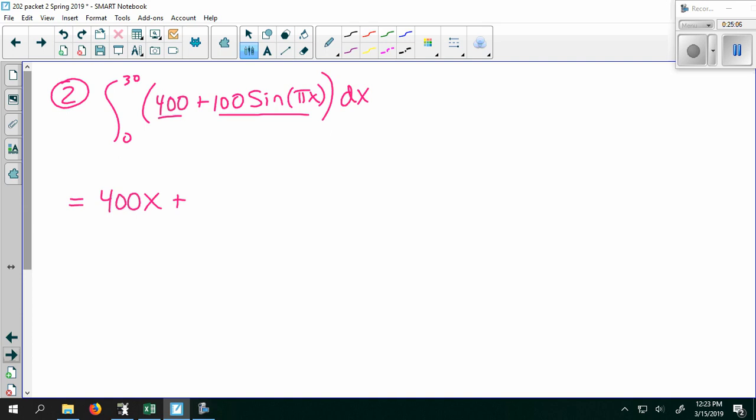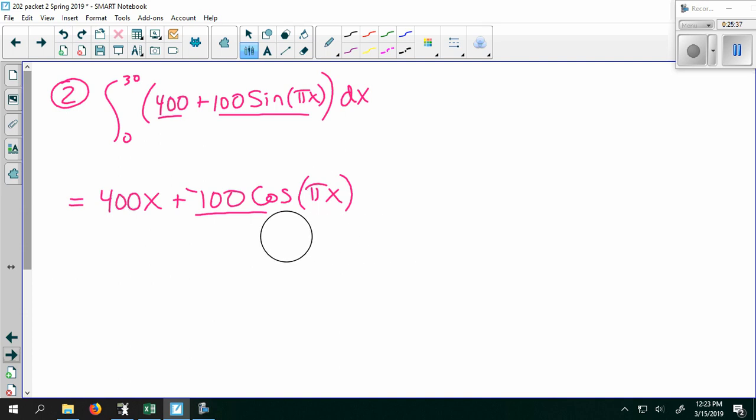So this becomes, the 100 comes along here. I need to make it negative. And this is cosine of pi x. But then if I were to take the derivative of this, negative 100 cosine pi x, I would get negative 100 times negative sine, so my negatives cancel, of pi x times pi. So I still need a pi here.